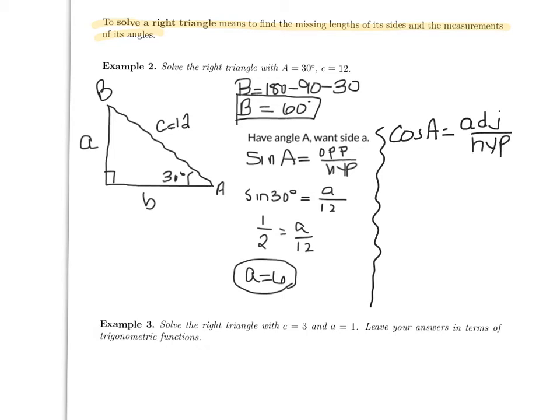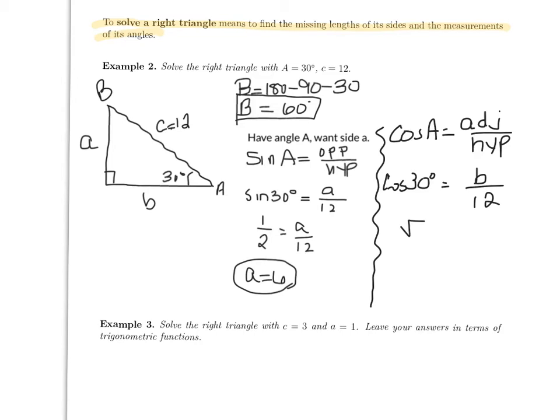That's the right triangle trig definition of cosine. Well, adjacent to angle A is side B, that's what we're looking for. We have the hypotenuse. So the cosine of 30 degrees is adjacent, which is little b, over hypotenuse, which is 12.